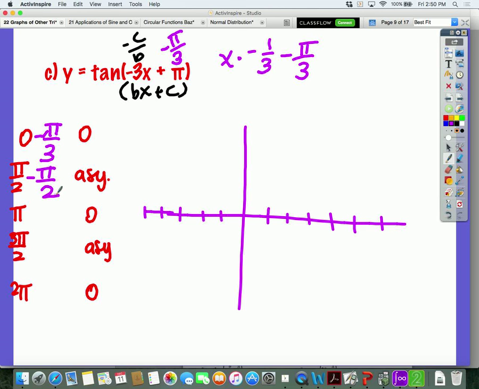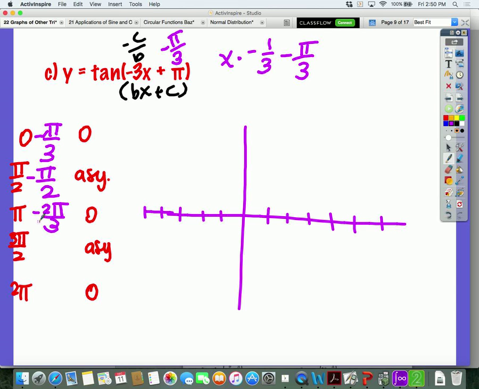Can you guys help me out with some common denominators and some adding so I can get the rest of these points so I can move forward to cotangent? Okay, so what is pi times negative 1/3? Negative pi over 3. When I subtract the negative pi over 3... thank you.